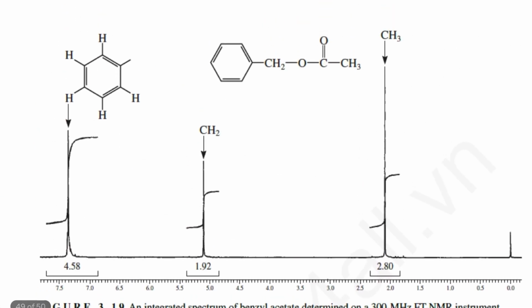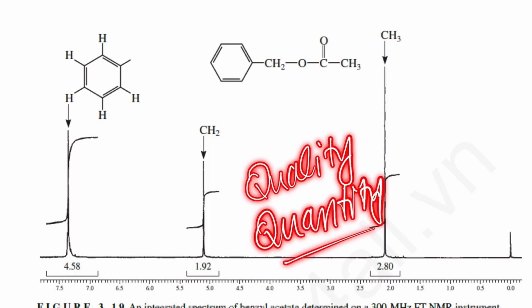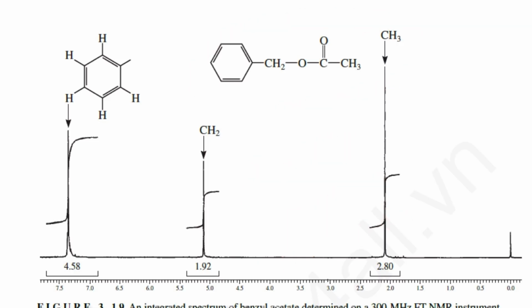So in this way, the peak position gives the quality, and the peak height, which is calculated by these integrations, is given in digitized format in the high quality or advanced instruments. This makes it easy to calculate the quantity of each different type of proton that is chemically distinct from other types of proton. So in this way NMR helps to identify the quality and also the quantity of different types of protons present in a molecule of analyte.